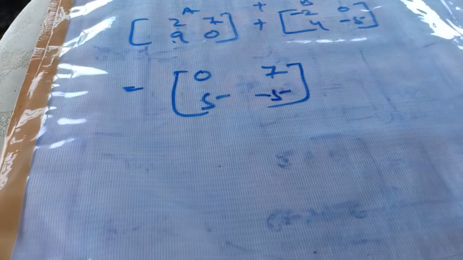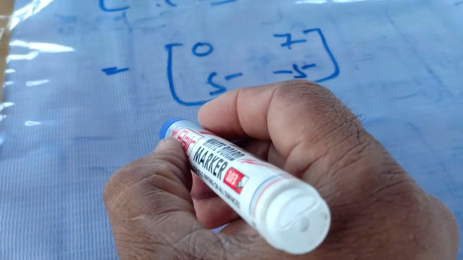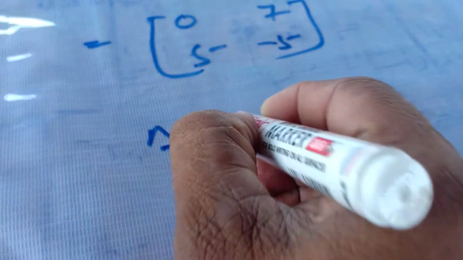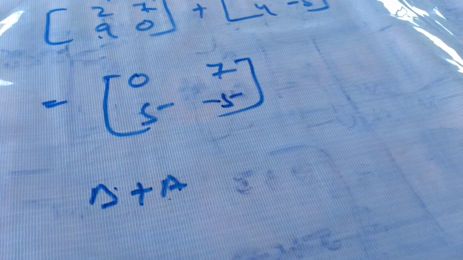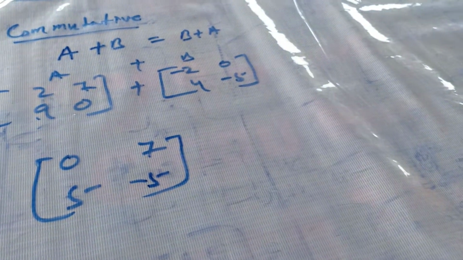Now I will do the reverse order, B plus A. B plus A is minus 2, 0, 4, minus 5, plus 2, 7, 9, 0.